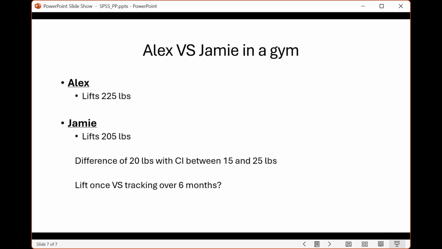And finally, the confidence interval. Let's say you estimate that Alex lifts about 20 pounds more than Jamie on average, but you don't just want a single number, you want a range. So you say, I'm 95% sure the real difference in strength is between 15 and 25 pounds.